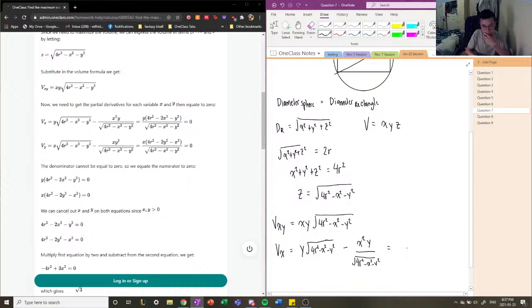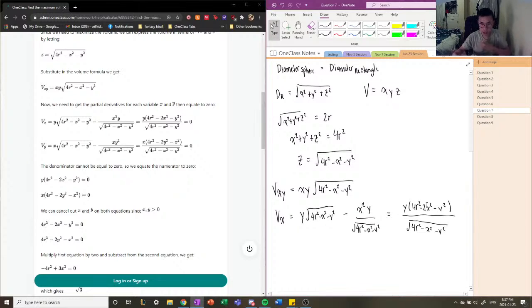And that's equal to y times 4r squared minus 2x squared minus y squared divided by the root of 4r squared minus x squared minus y squared. So this is the partial derivative in terms of x of our function.